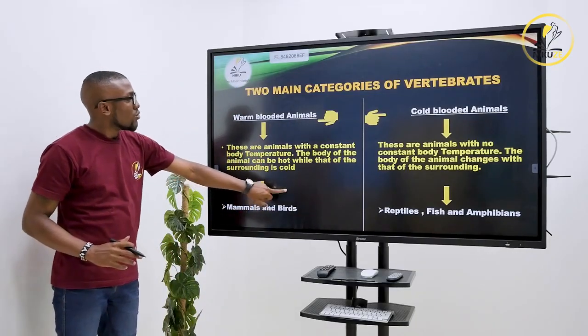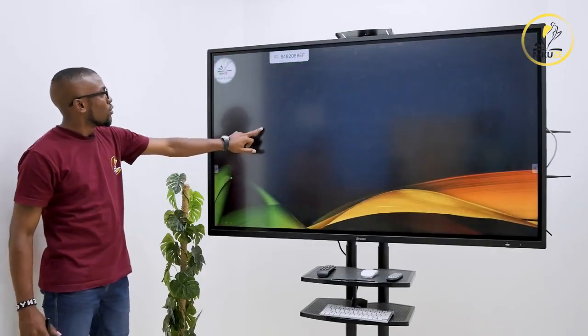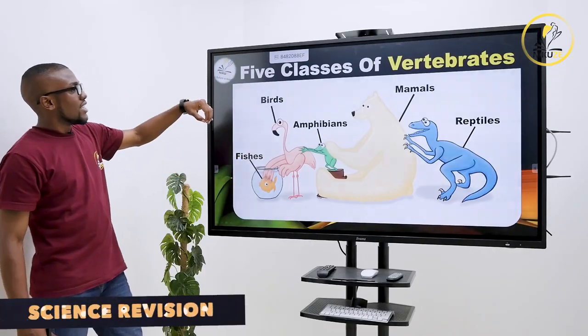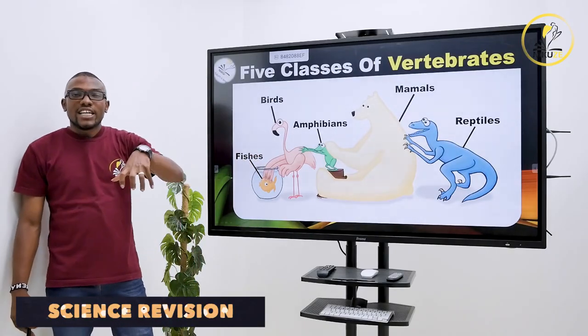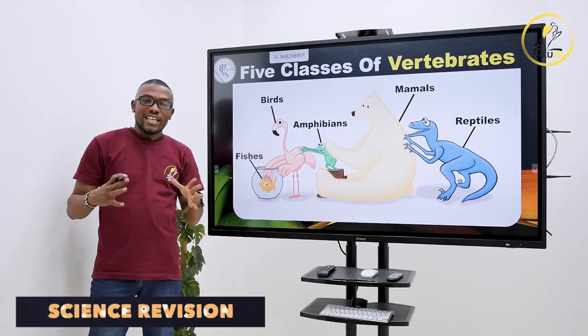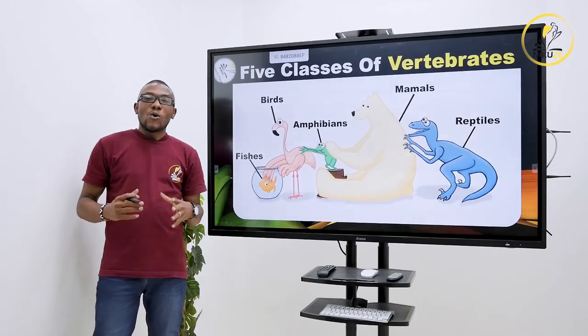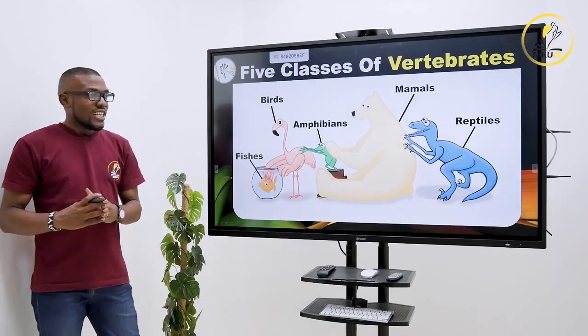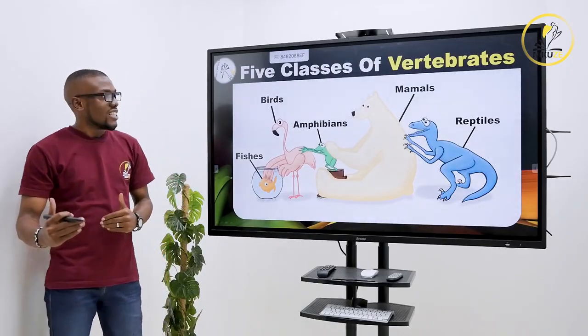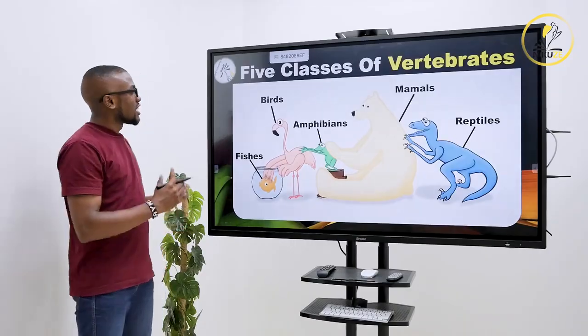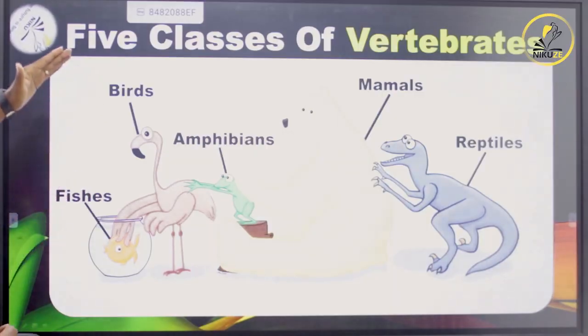Then we move to another point, the further classification of the vertebrates. Remember, the warm-blooded and the cold-blooded were the main classifications, and now we have the further classification. They are classified into these five categories.